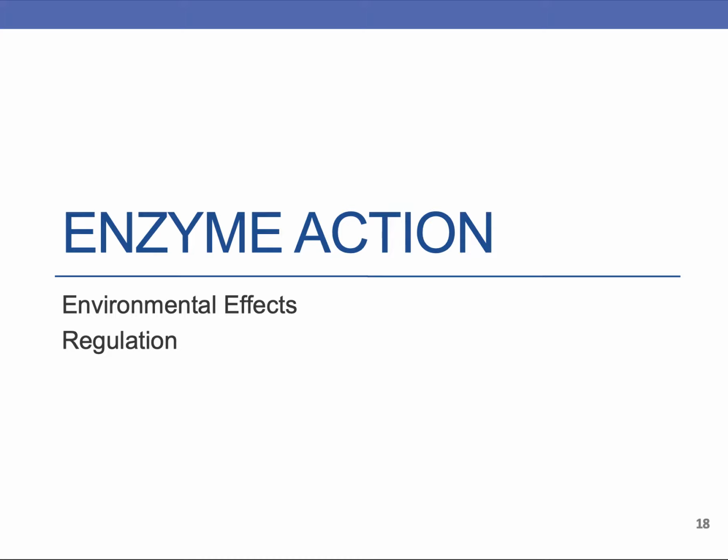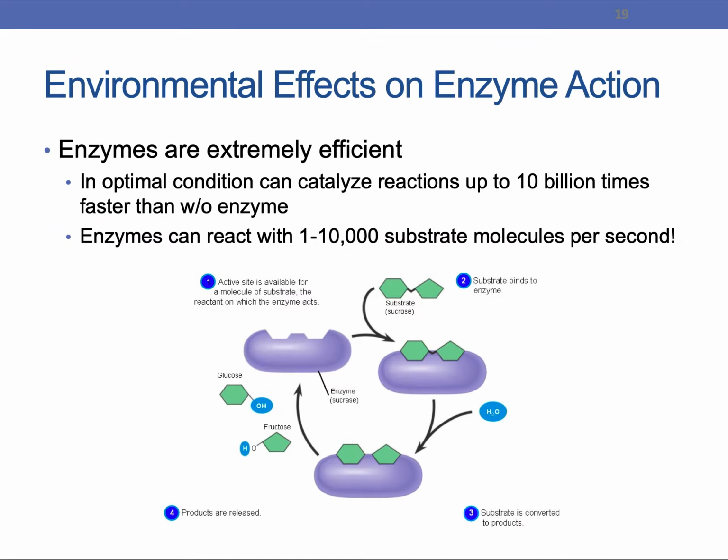Enzyme actions are regulated by environmental conditions and some other factors as well. So we'll look at some of these factors that regulate enzyme activities. Generally, enzymes are able to really ramp up the rate of reactions significantly, so that a reaction can actually be sped up to about 10 billion times than it would have proceeded without an enzyme.